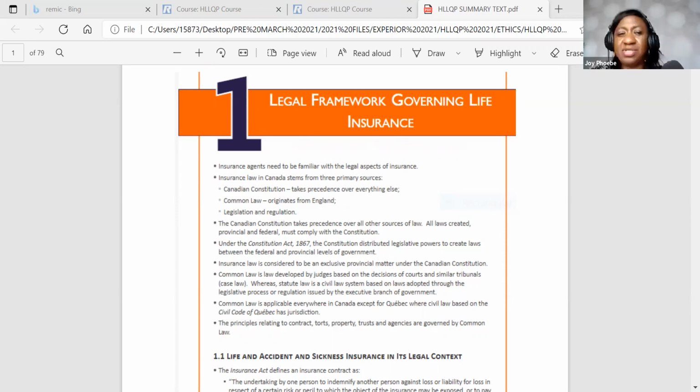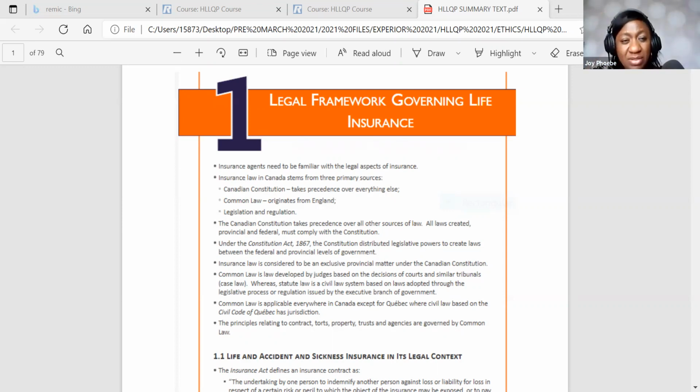Okay, so let's say in the first 2 years of getting your life insurance, the insurance company finds out that you lied about some information in your application. You were not upfront, you were not telling the truth on certain things. So the insurance company in the first 2 years has the right to cancel that policy, and you don't have the right to contest that decision.